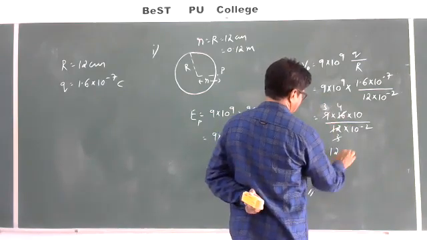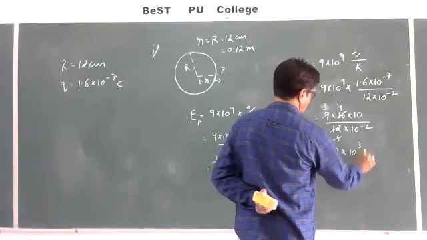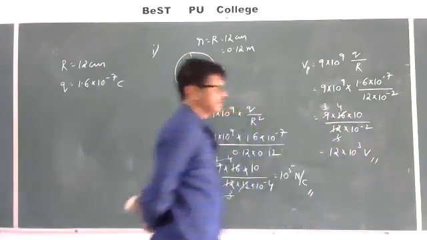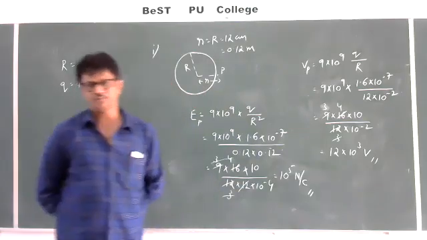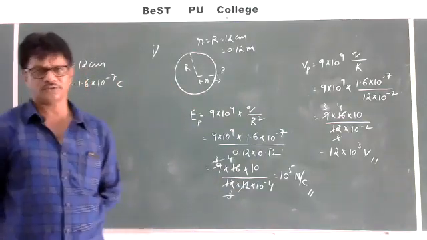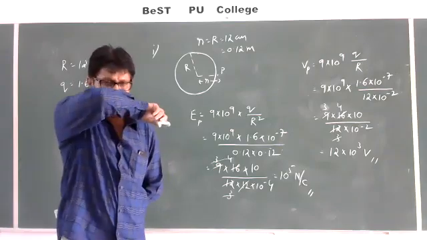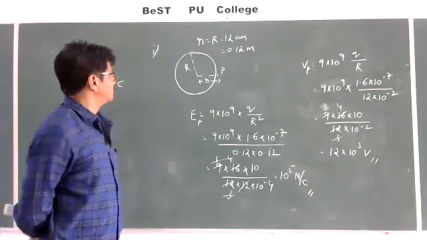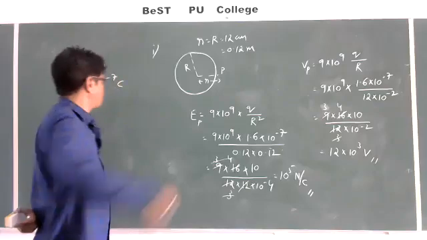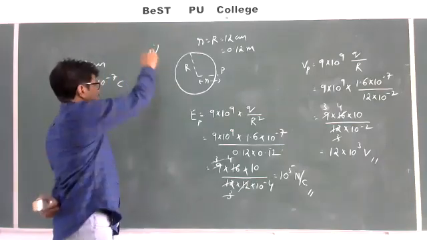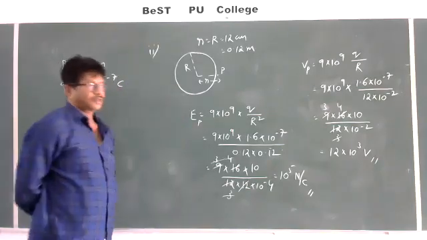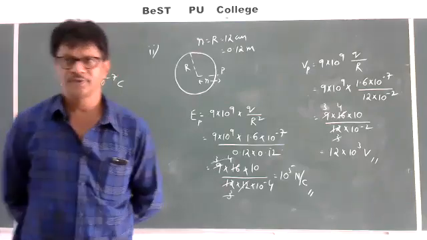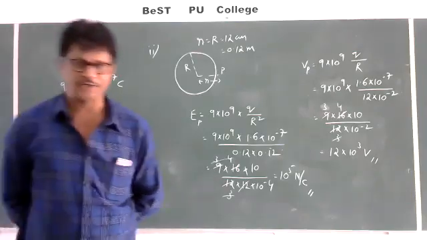So 12 into 10 cube volts will be the potential just outside the sphere.